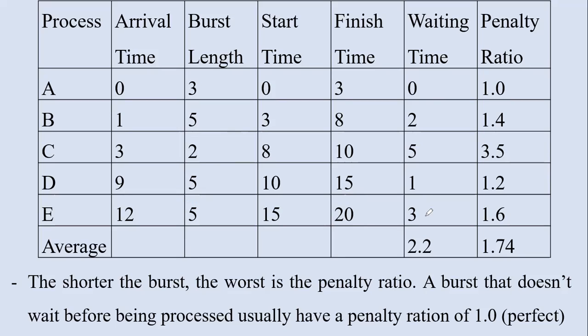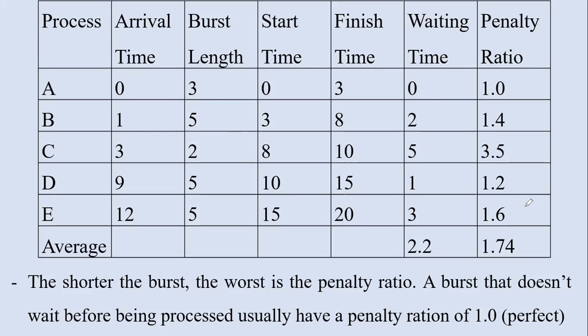The waiting time will be 3, because it is the starting time, which is 15, minus 12, which is the arrival time. And therefore, this process will have a penalty ratio of 1.6.